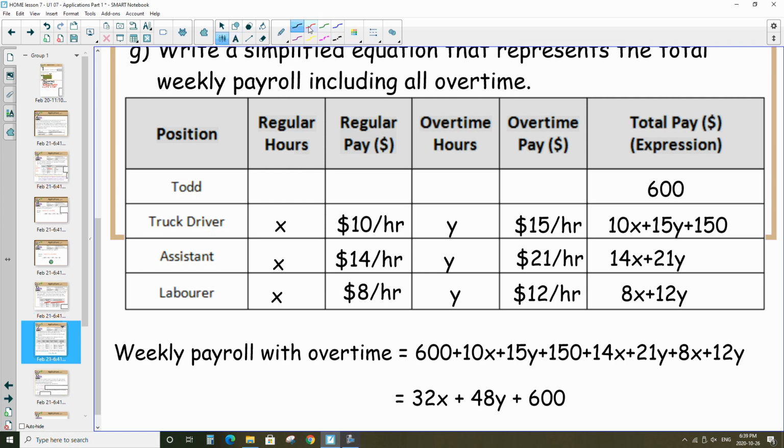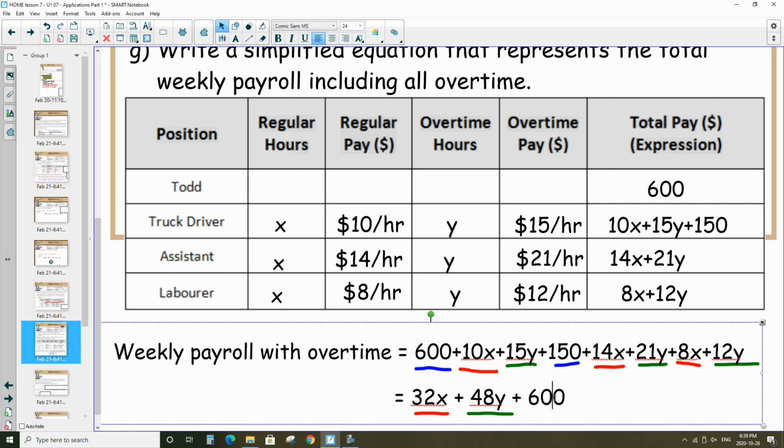For the x's, you can add the 10x plus the 14x plus the 8x, and that gives us 32x. And then for the y's, I added 15y plus 21y plus 12y and got 48y. And then the 600 actually should be added to the 150. I forgot about that, so I'm just going to edit it. It should say 750.